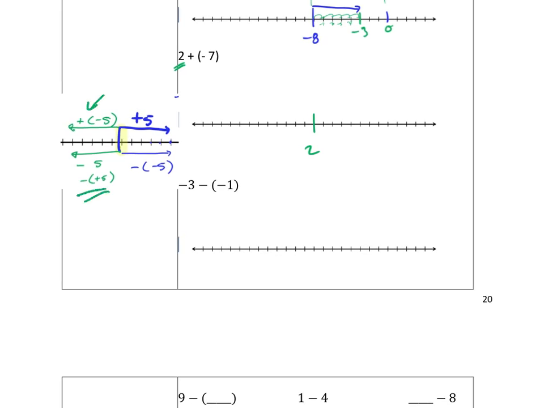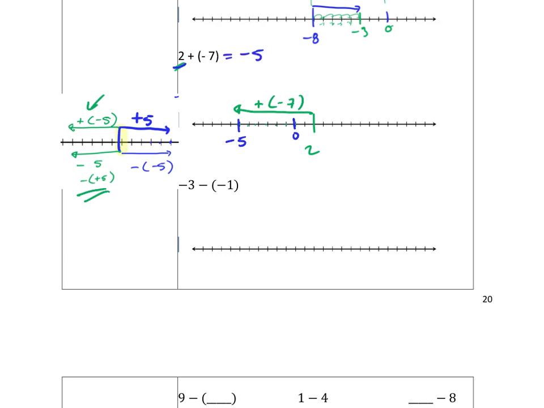When we add a negative, we go to the left. So we're going to go to the left 7. Now, I keep referencing the fact that 0 is over here. We went past 0, right? So we're going to land at -5. So 2 plus -7 equals -5, right?